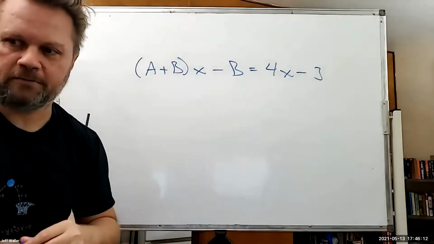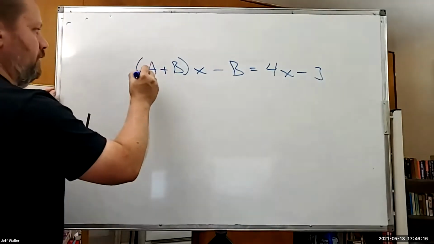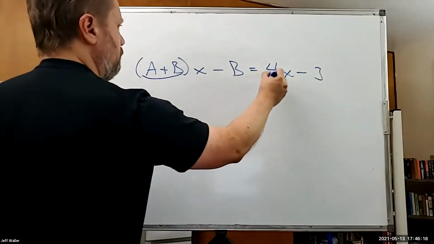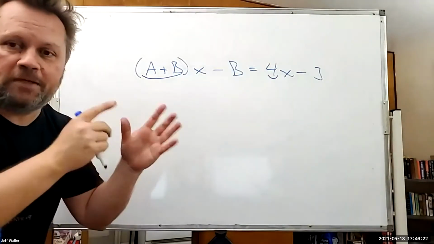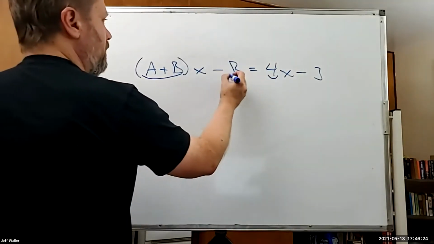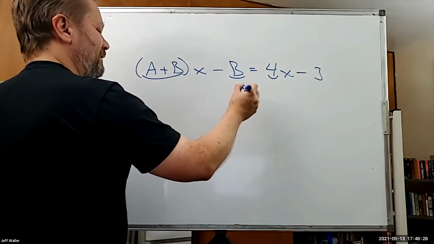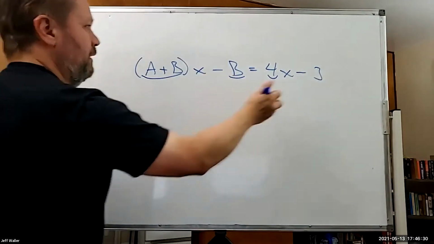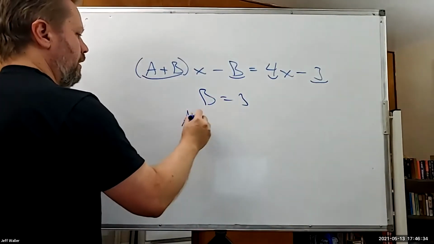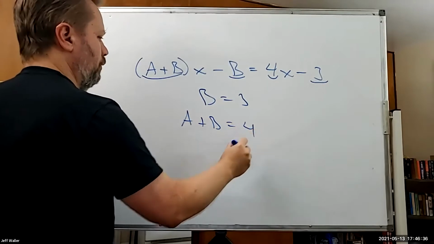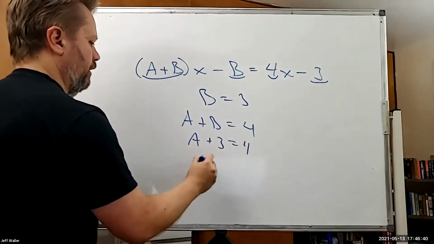What must it equal? a plus b must equal 4, correct? That's the only way this could be a true equation. And of course, what must b be? Yeah, b's gotta be 3. So b is 3, a plus b is 4. So a plus 3 is 4, so therefore a is 1.